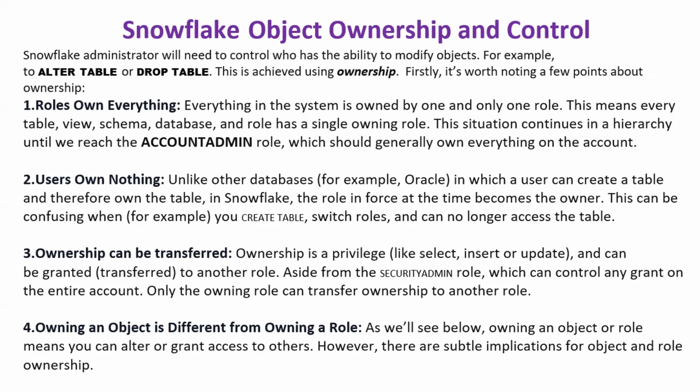Maybe I want to transfer the full ownership of one database to a particular role, I can do that. Owning an object is different from owning a role, because I can directly get ownership of an object, that is full control. If I revoke the role access, I will lose everything. So we should know the granularity at the role level and getting access at the object level also.